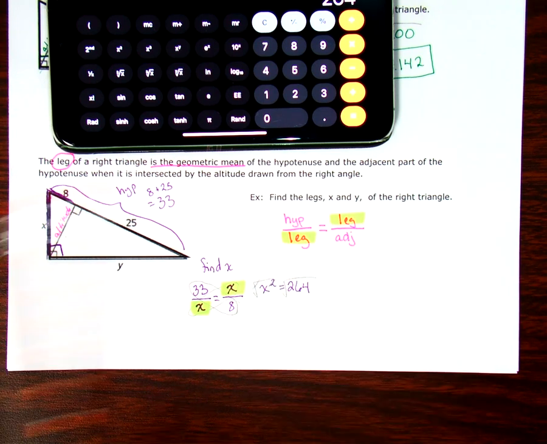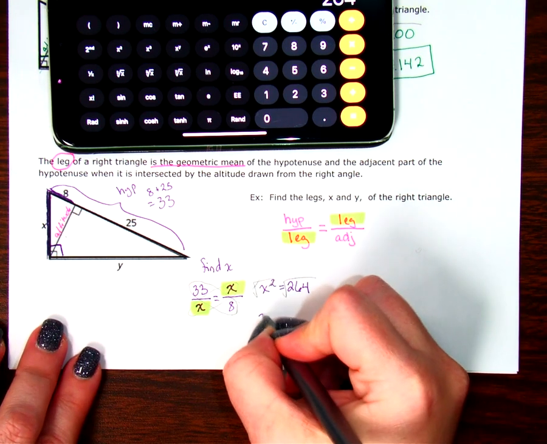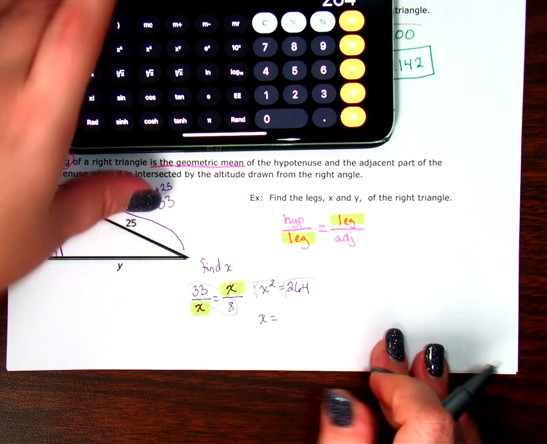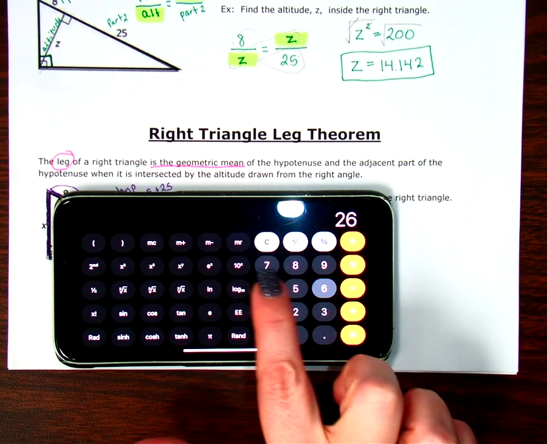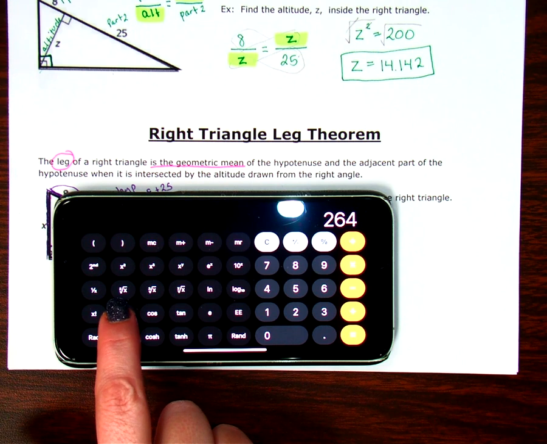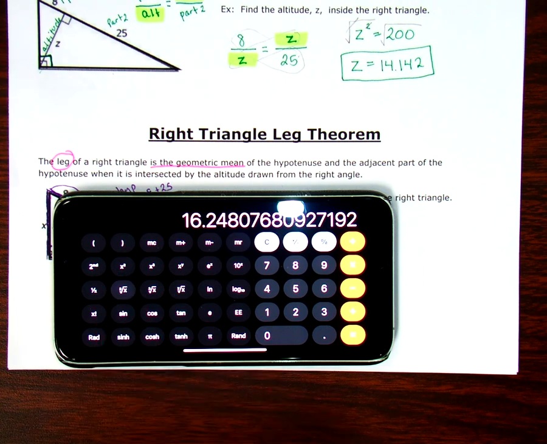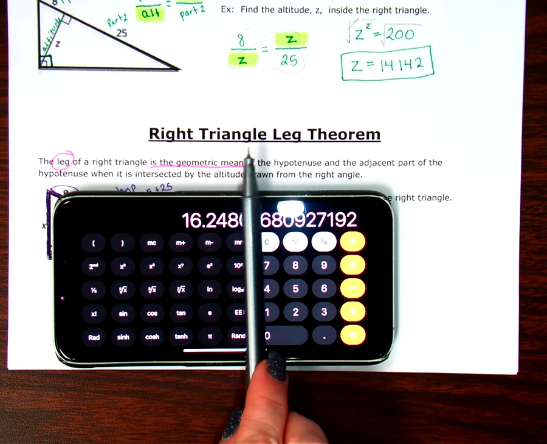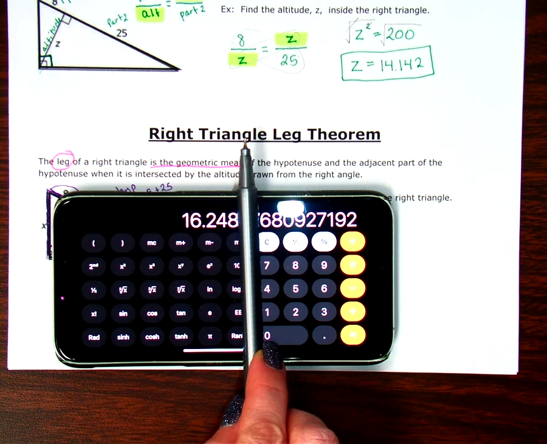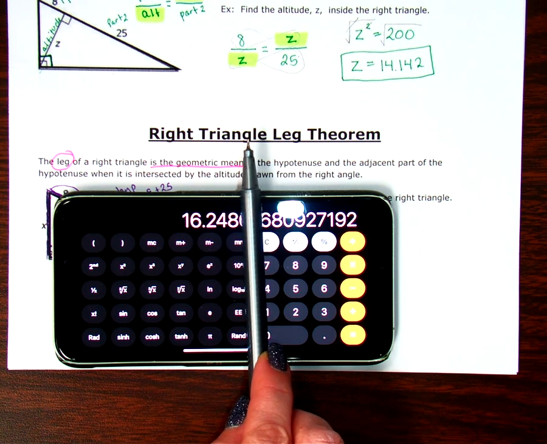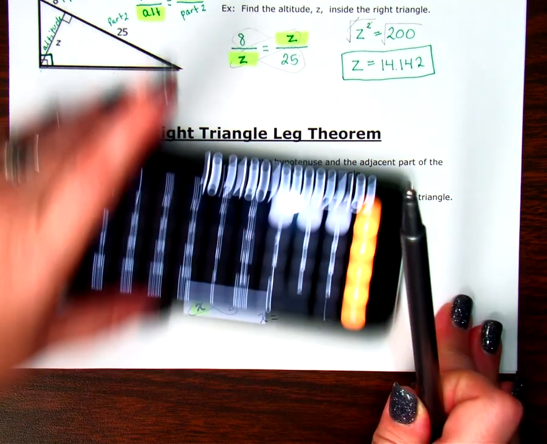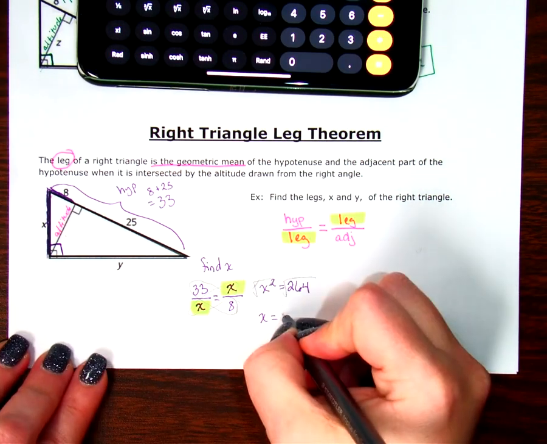And to get rid of the square, we're going to square root both sides, and we only need the positive answer. My square and my square root cancel, so I just have an x. I only square root one time. The square root of 264 is already in there, but just in case, I can clear it out and do 264, and then hit the square root button, and then I'm going to round to 3 places. 3 places after the decimal is 248, and then after the 8 I see it's a 0, so I don't have to round it up.